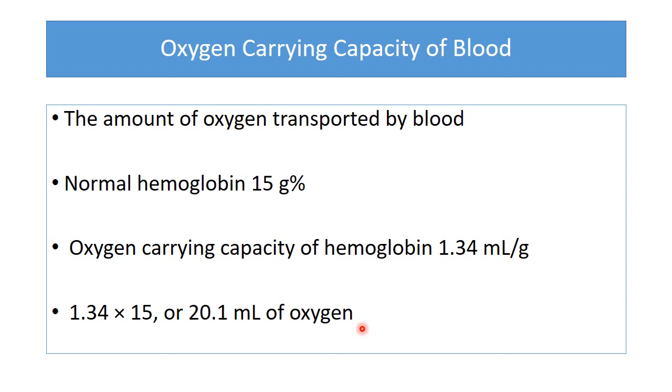And how it is derived: normal hemoglobin is 15 gram percent, and the maximum oxygen carrying capacity of hemoglobin is 1.34 milliliter. If you multiply it, we get the oxygen carrying capacity of the blood, that is 20.1 milliliter.